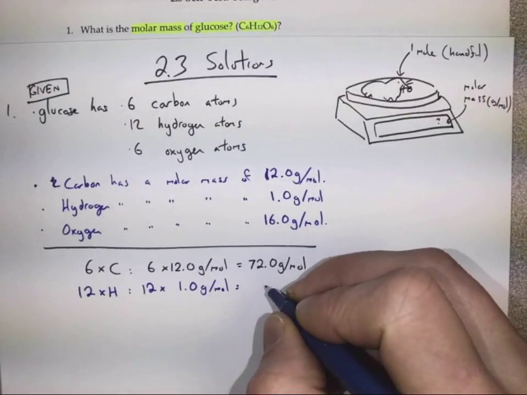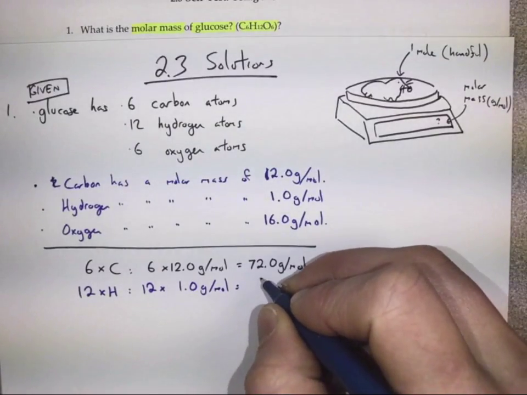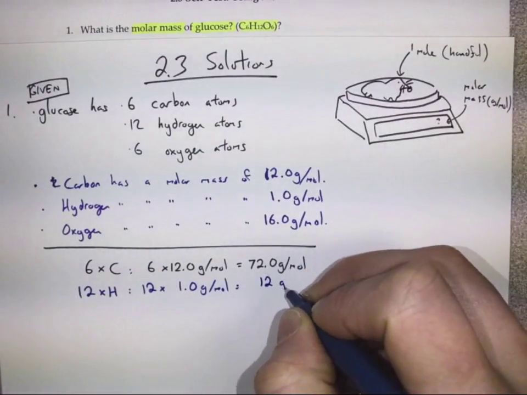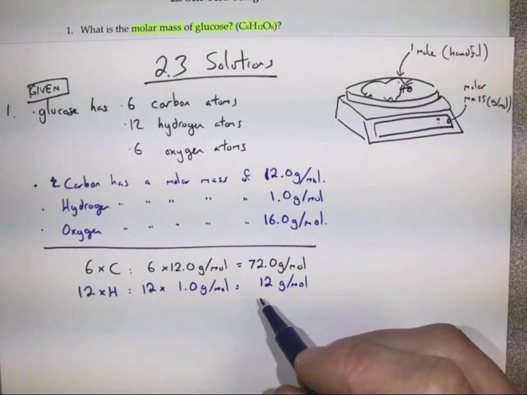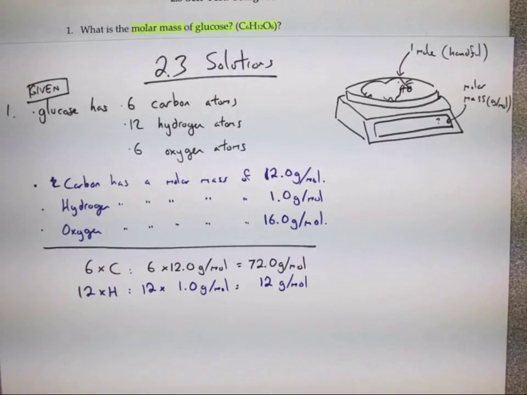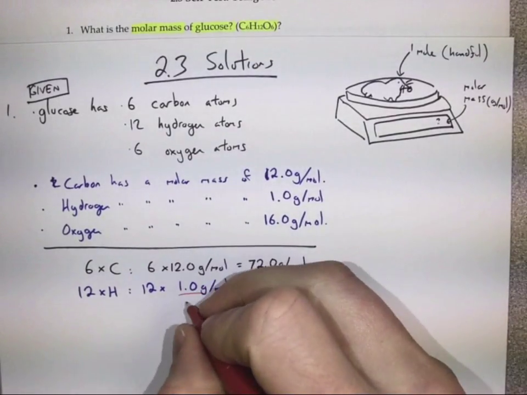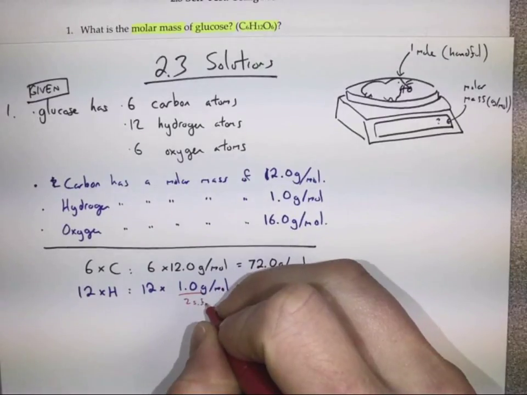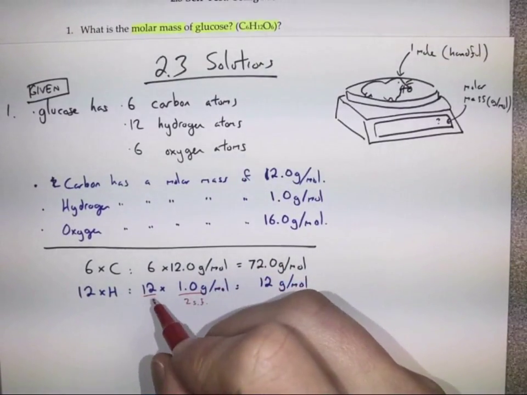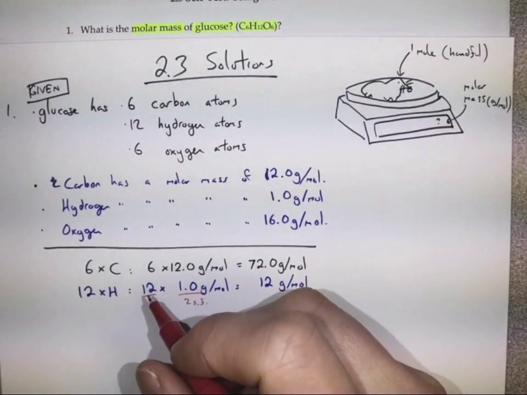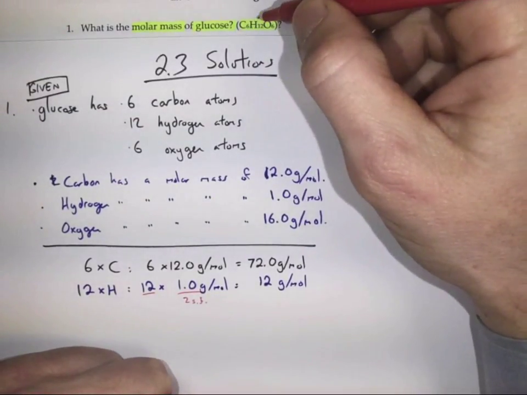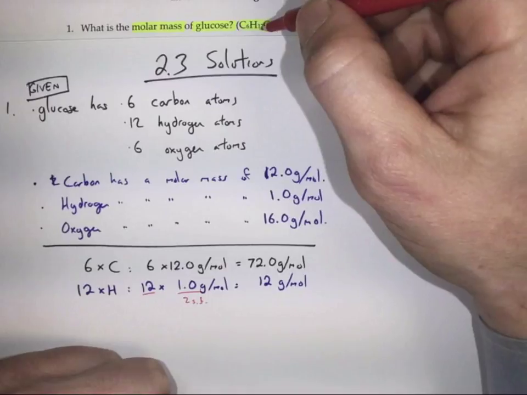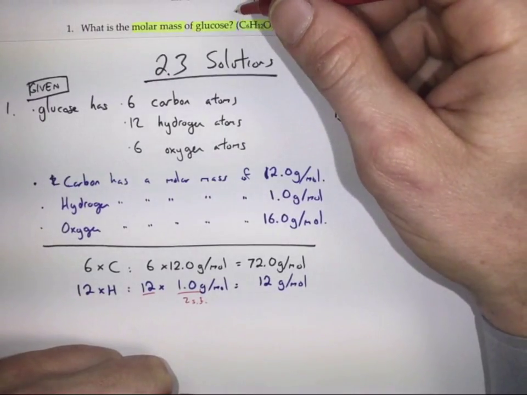And that is how many sig figs I'm going to have: just 12 grams per mole from the hydrogens, because there are 2 sig figs with the molar mass of hydrogen. And this 12 is a counted number. There are exactly 12 hydrogens in one glucose. If there were any more or any fewer, it would not be glucose, it would be something else.